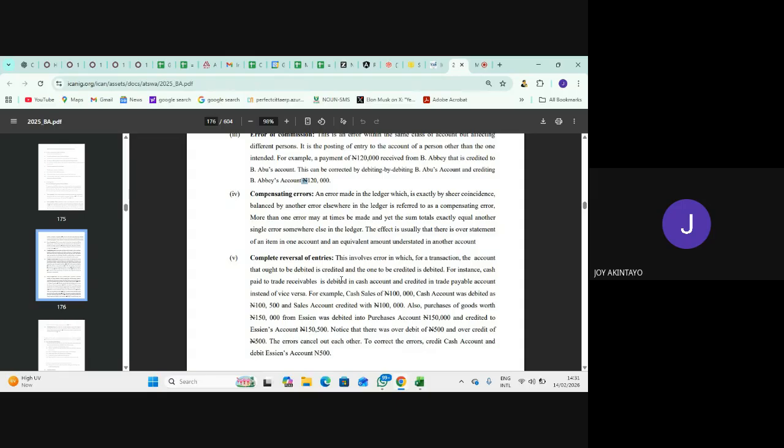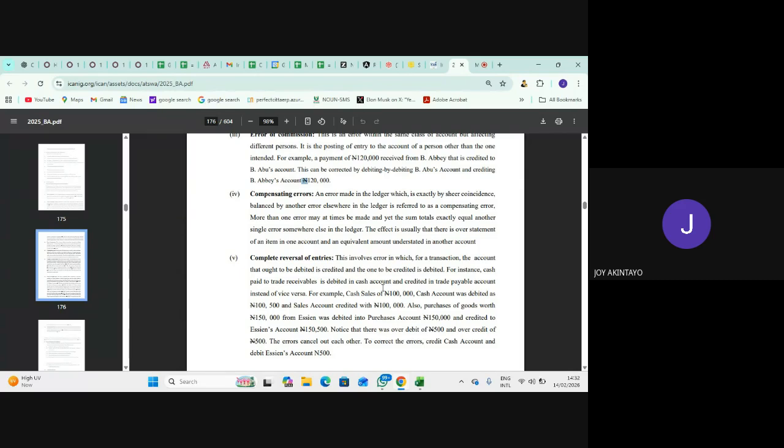So how do we correct this? For example, cash sales of 100,000 naira. Your cash account was debited, and the sales account is credited. Also, a purchase worth 150,000 naira from Ezen was debited into purchases account and credited to sales account.